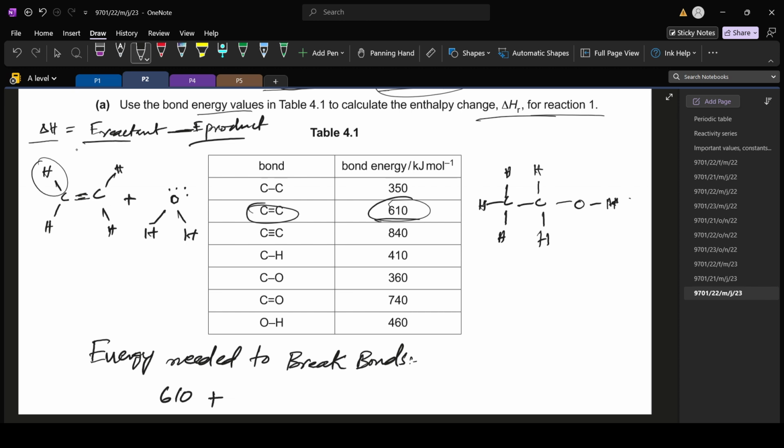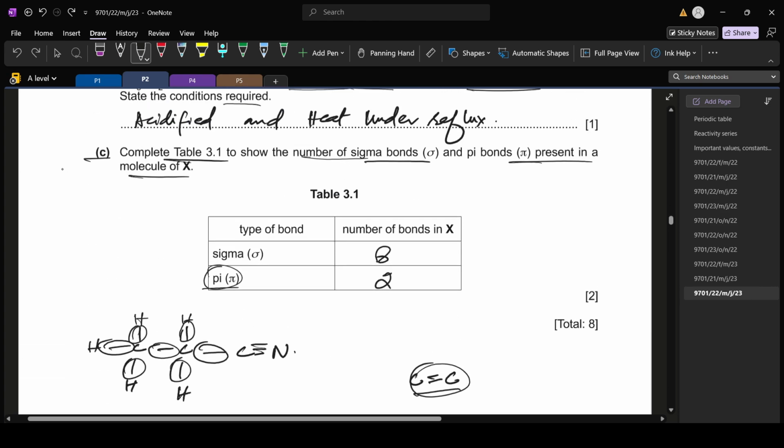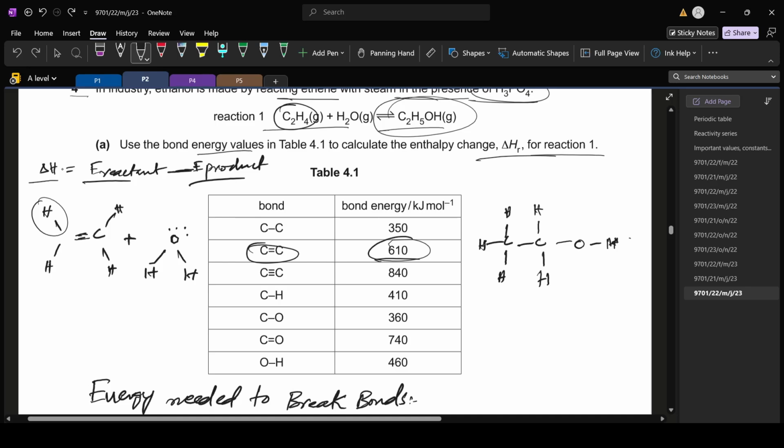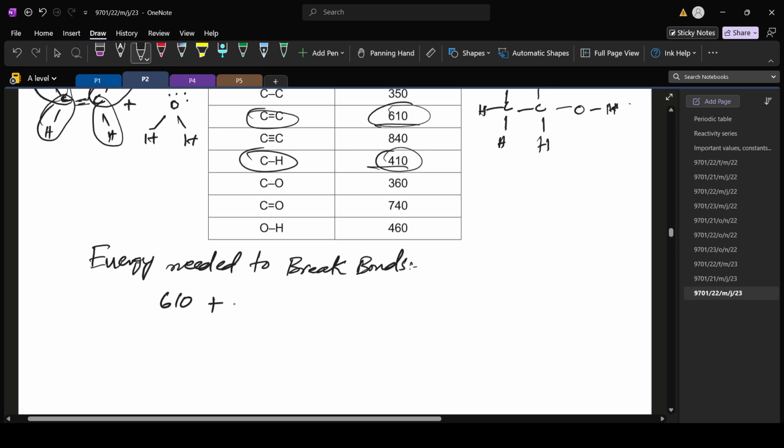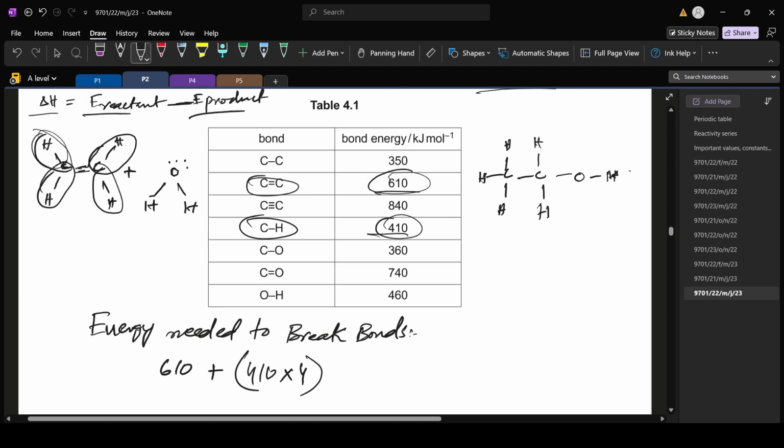So there are 4 CH bonds in this ethene: this CH bond, this CH bond, this CH bond, and this CH bond. This CH bond has an energy of 410, so 410 multiplied by 4, because there are 4 CH bonds.